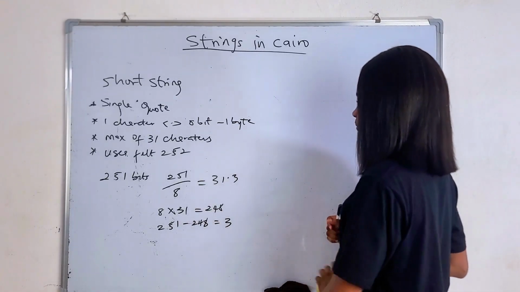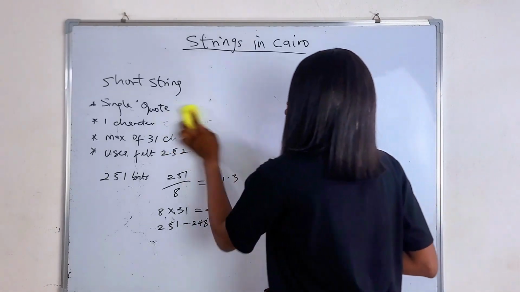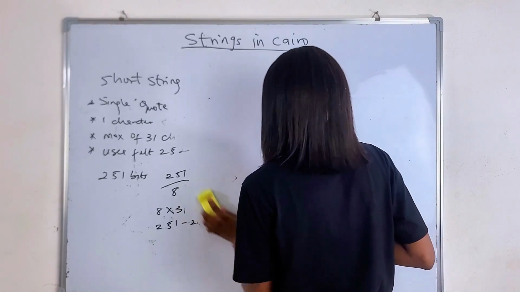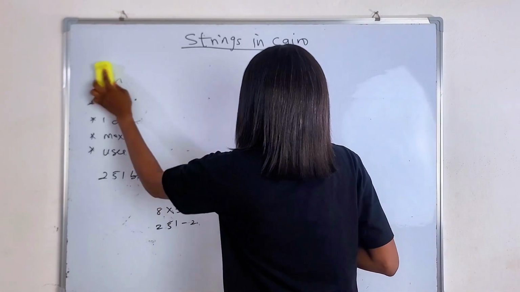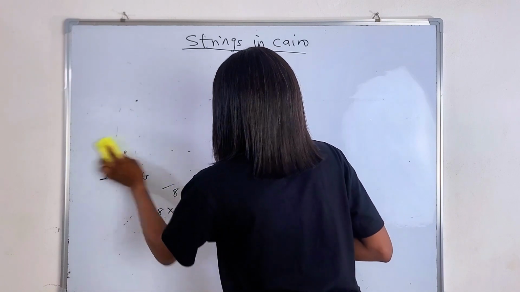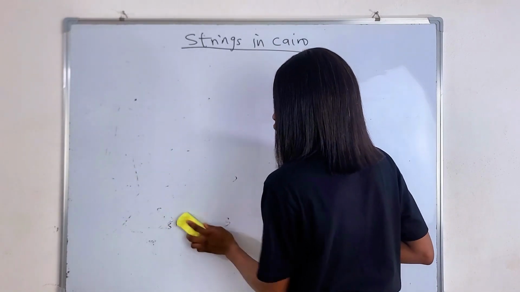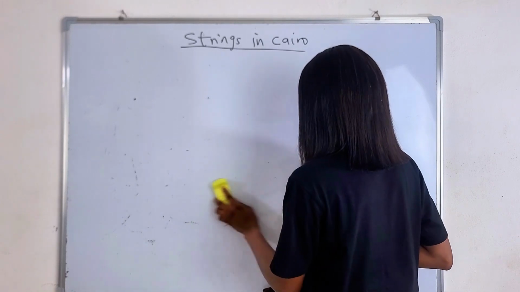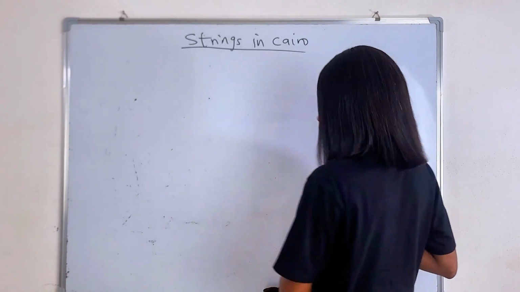So we're going to be talking about byte array now. This is the other way to handle strings. When you want to use strings and you know you won't exceed 31 characters, you can go for your short strings.